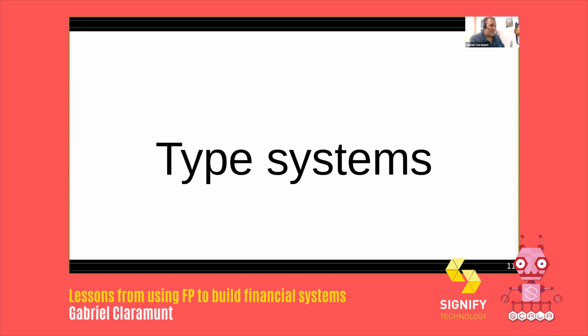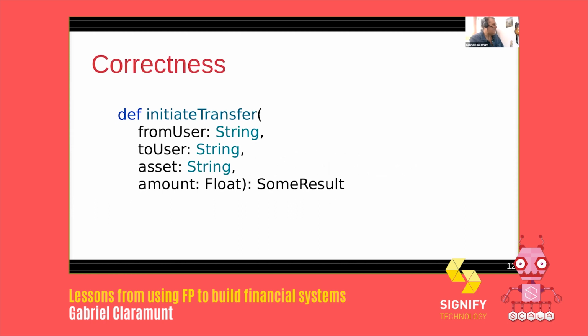And with that, I want to do a small digression. Initially, when I started, code like this, okay, this is Scala, was relatively normal for me. Basically, I'm just creating a function that initiates a transfer, with the original user ID, the target user ID, the asset that will be part of the transfer, and the amount, and that will give you some results.